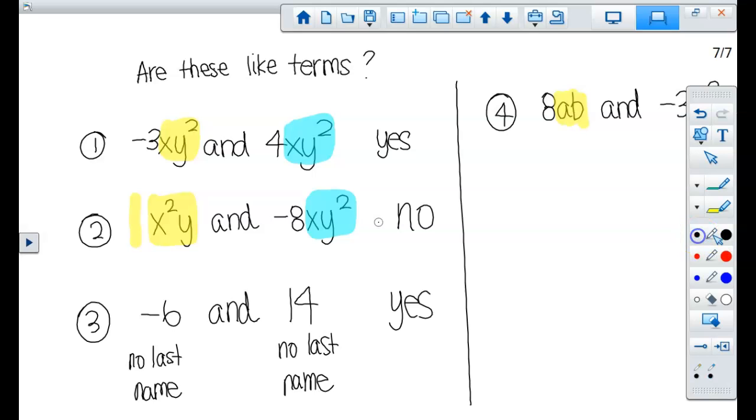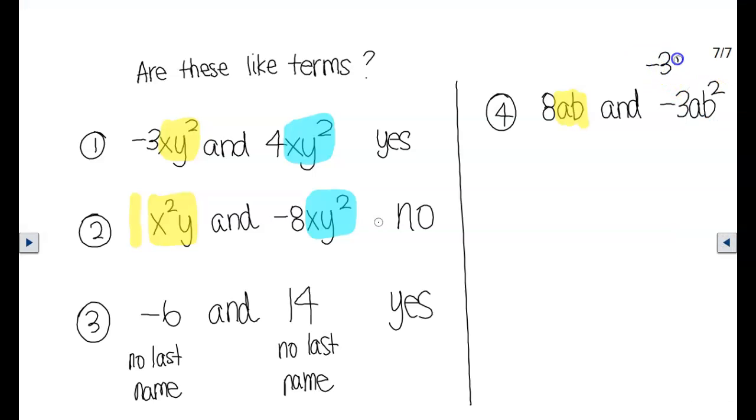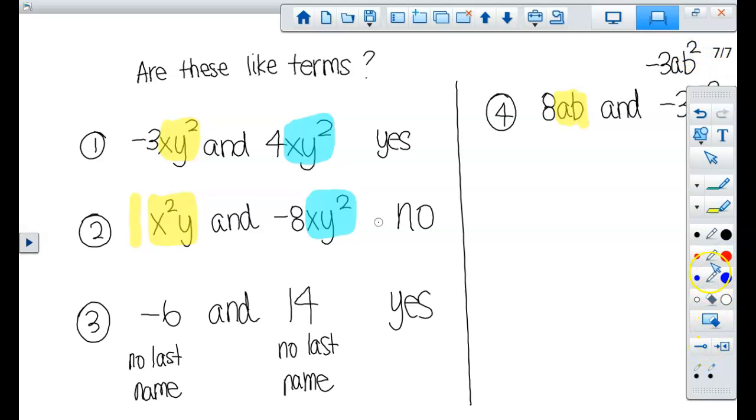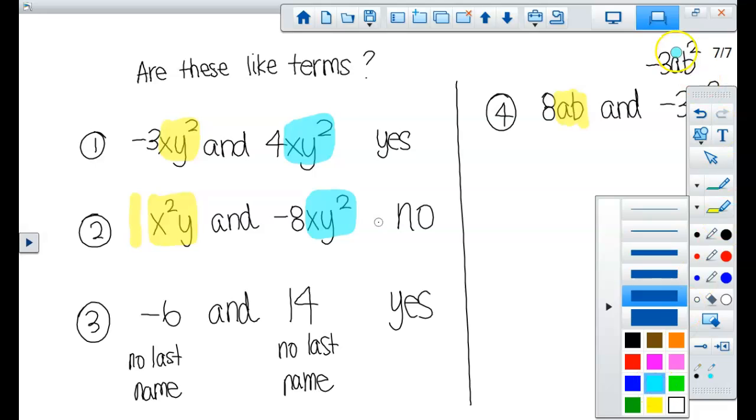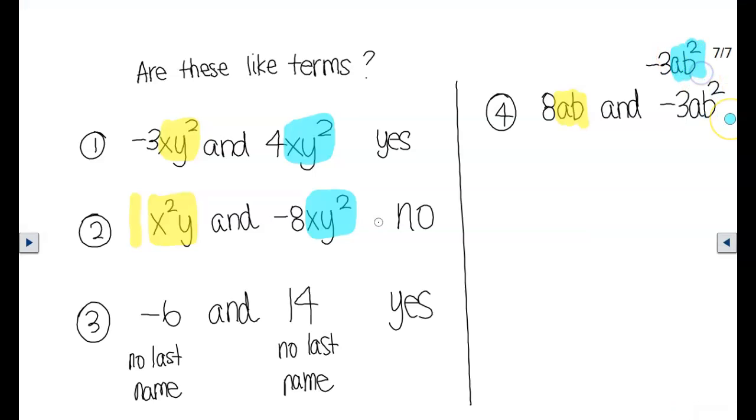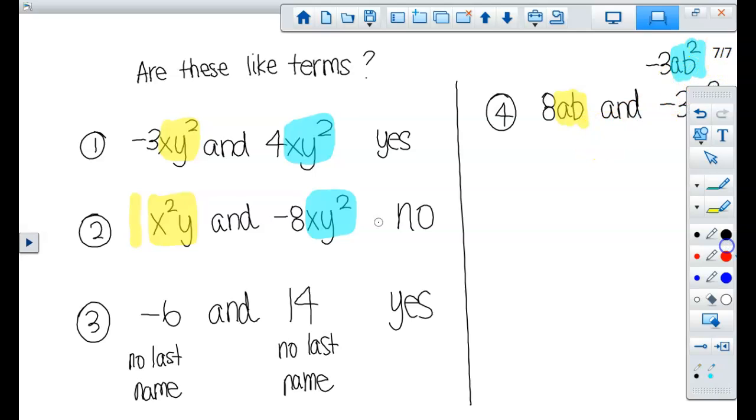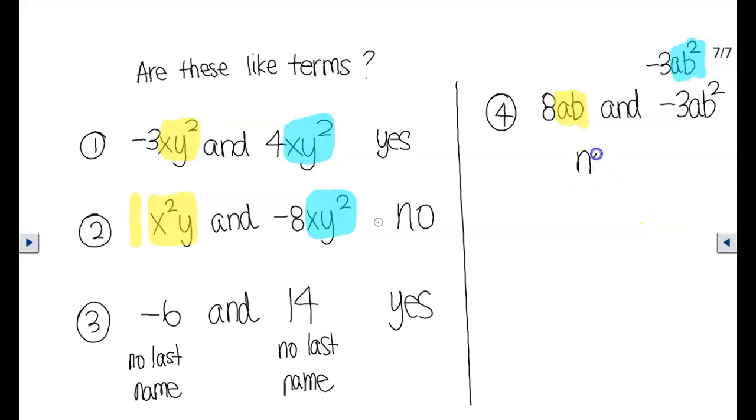Well, it'd be nice if I could see him. Let me write him up here. Negative 3ab squared. That's better. Would those be like terms? You have ab, ab squared. Not a perfect match, right? So this would be a no.